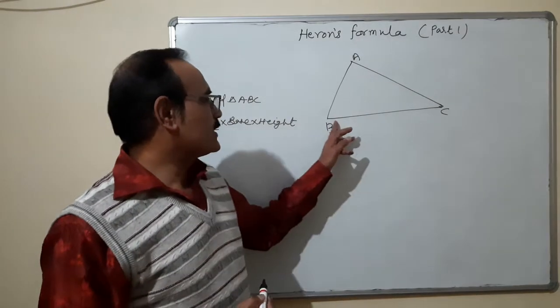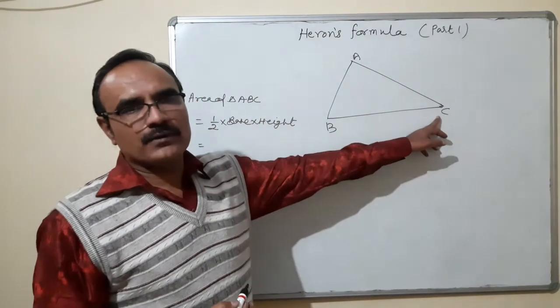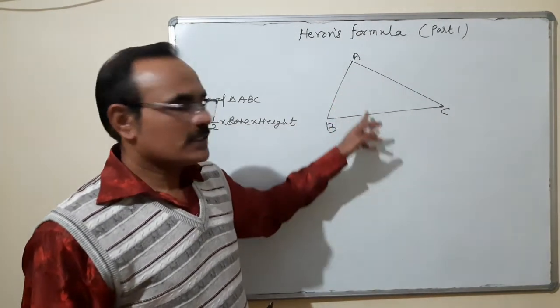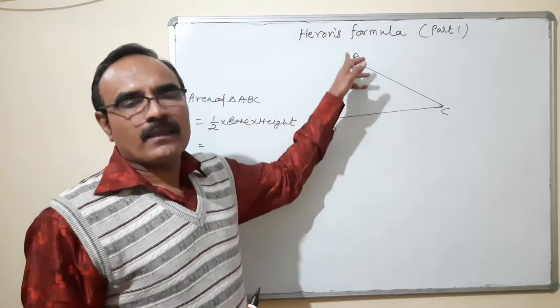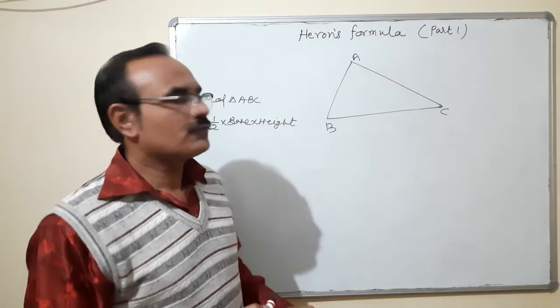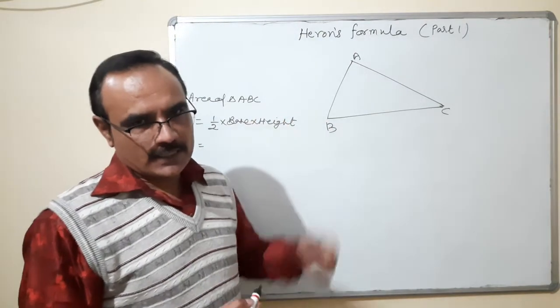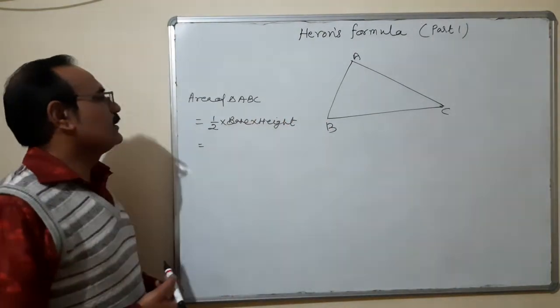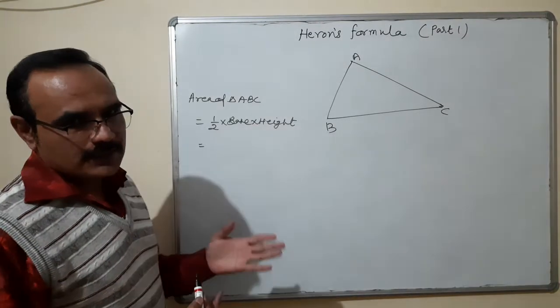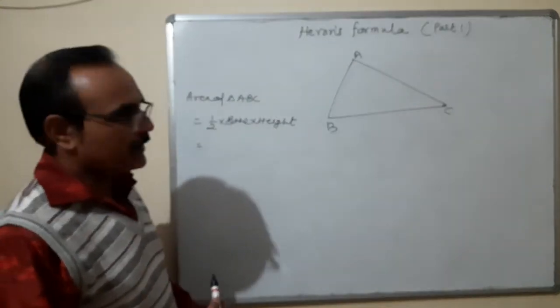Suppose we are using this BC as a base, then we need one height, that means the perpendicular on BC. Without knowing the height of the triangle, we are unable to find the area of the triangle with the help of this formula. So that is a very common formula. When height, perpendicular and base are given, we can simply use it.